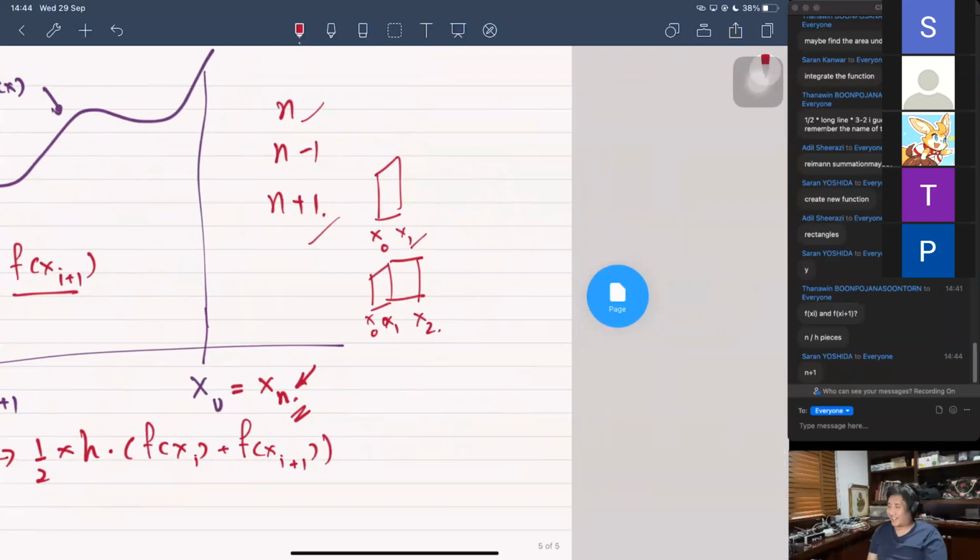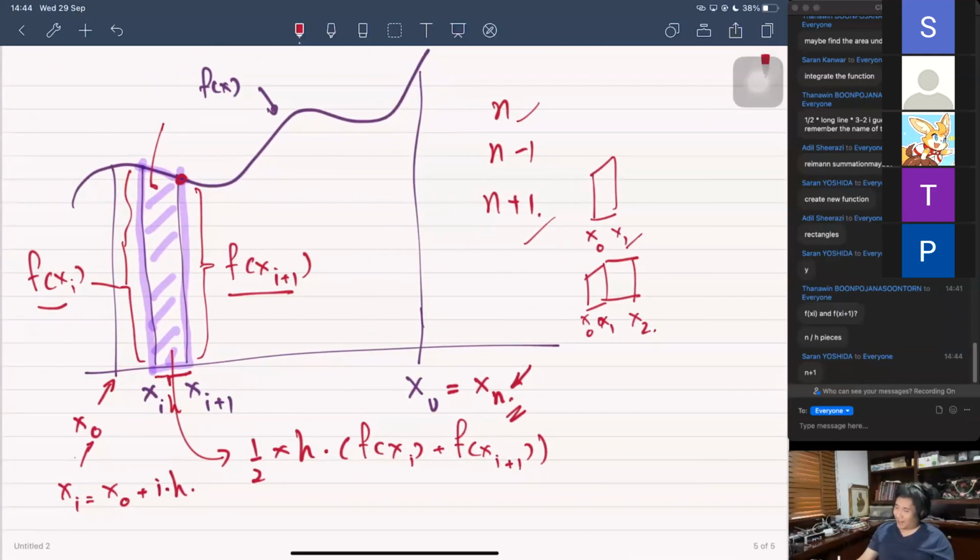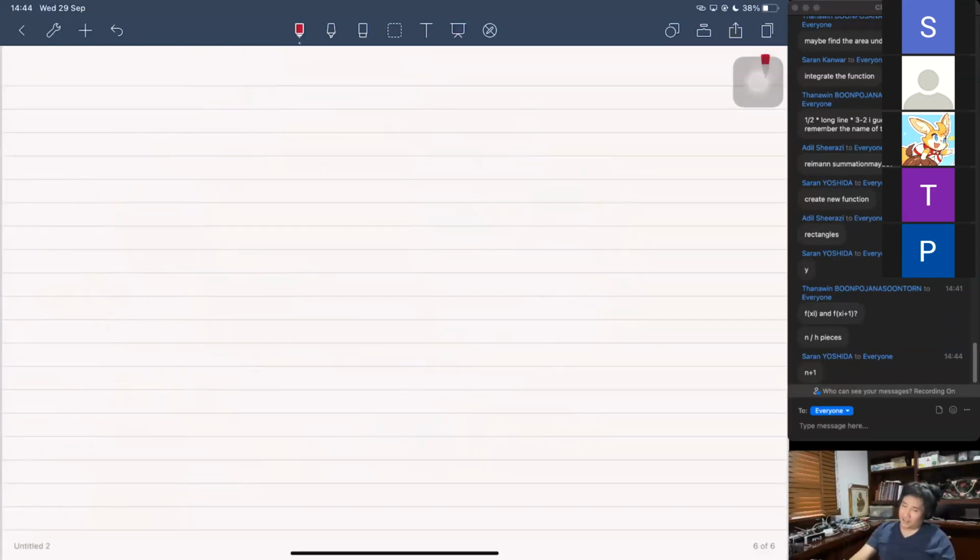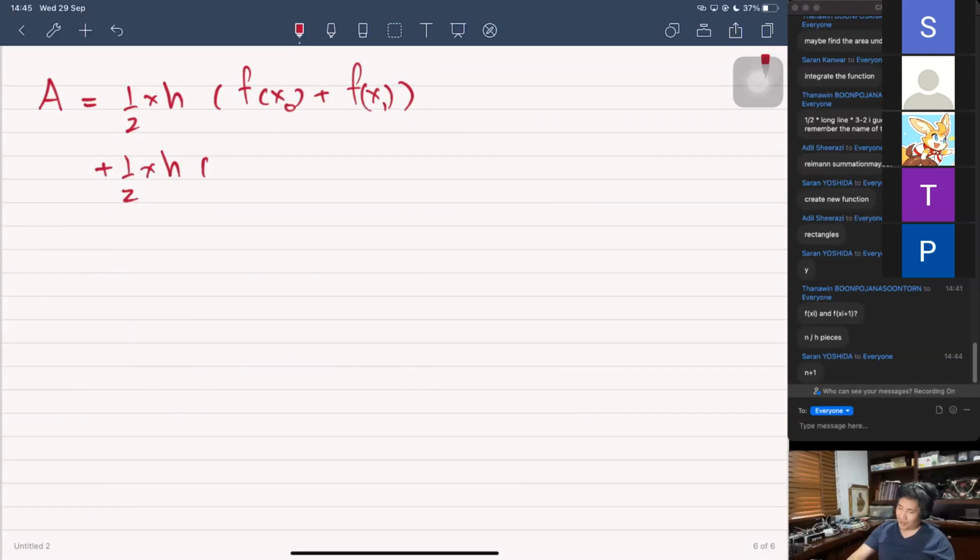Okay, so let's do that. I'm gonna add this thing up starting from x0. That's why I call it x0. If I start at x1, then you're gonna have some other trouble. So we're gonna add up all the trapezoids, which means the total area, which is the integral we want, is going to start from a half times h times f of x0 plus f of x1. That's the first piece. And then the second piece looks exactly the same, f of x1 plus f of x2.